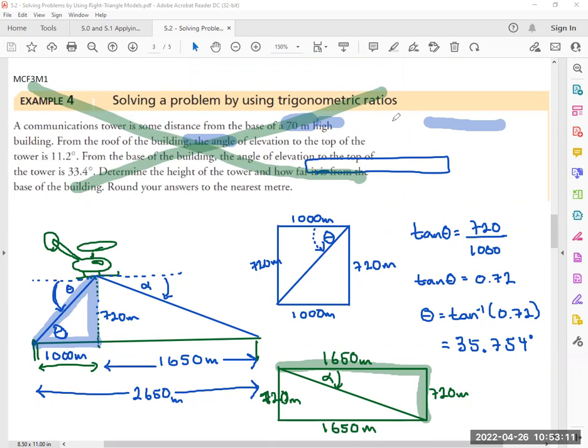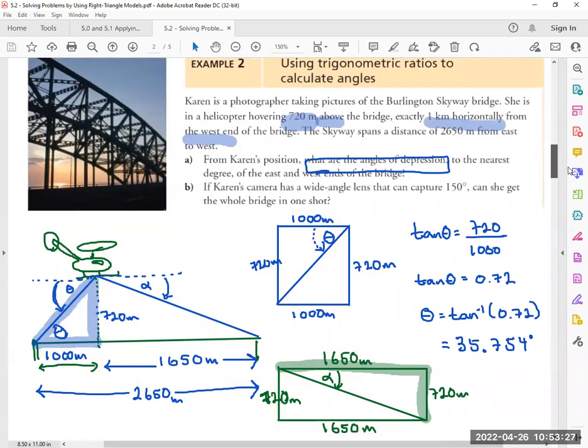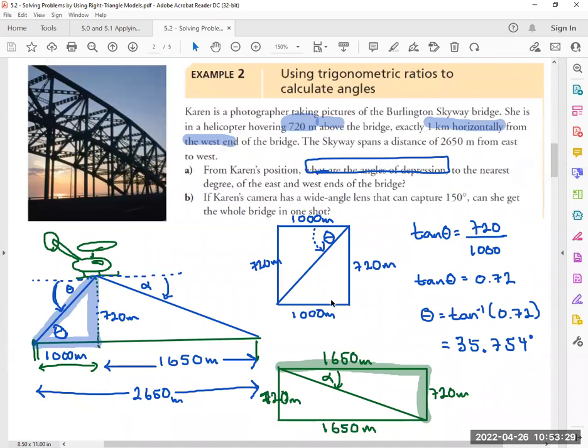The answer key for examples 1, 2, 3 is going to be up on our Google Classroom very shortly. Please use that to your utmost. And that's it. Anyone have any questions? No. All right, I'll stop it right here.